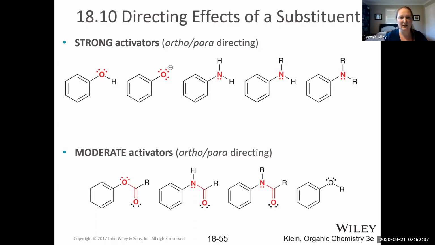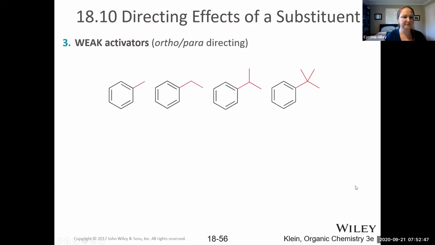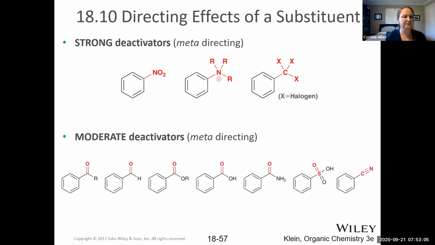So that can vary depending on the person drawing the line, which can then affect where these compounds go in terms of their category. So the weak electron donating groups, also ortho-para directing, are the alkyl groups. Remember, those don't donate through resonance, so they don't donate as strongly into the ring. They do donate through hyperconjugation, so they are electron donating, just not quite as strongly.